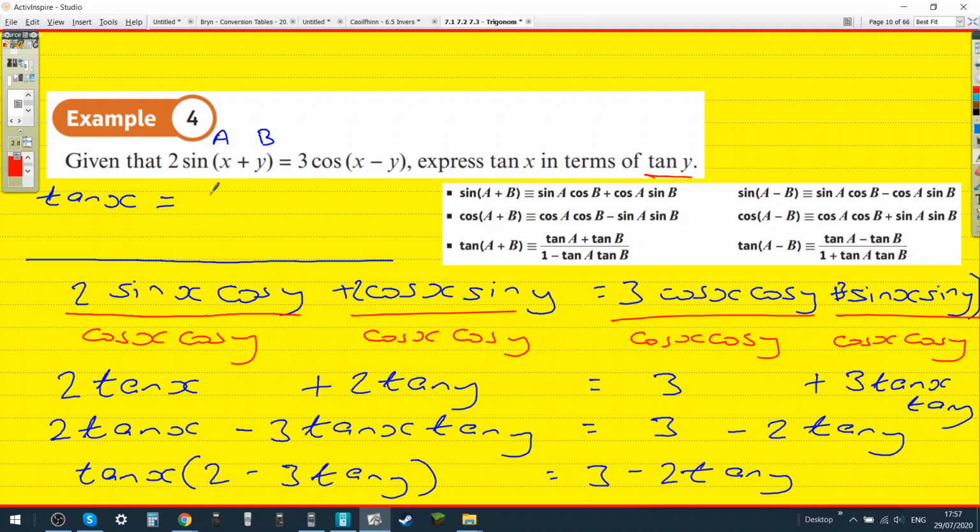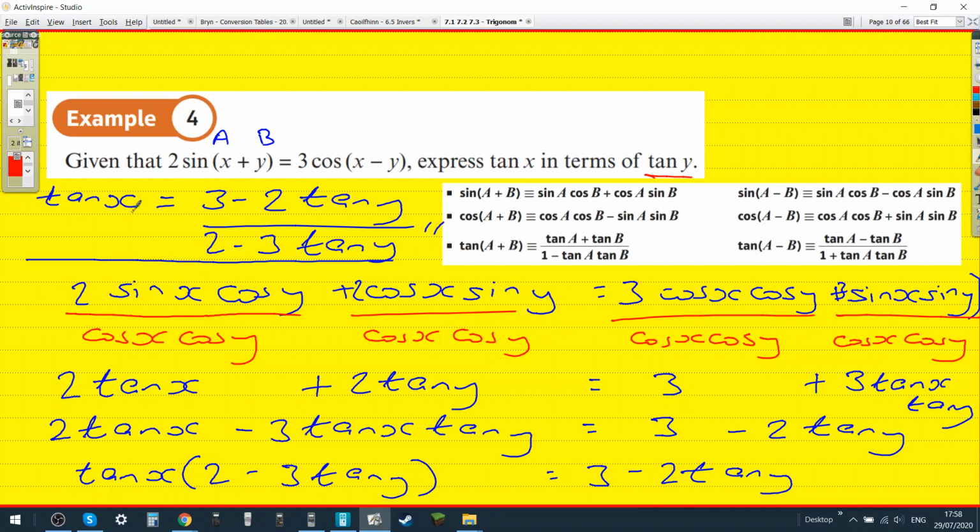Divide. What do you get? Tan x equals 3 minus 2 tan y over 2 minus 3 tan y. Great, which is what they asked for.